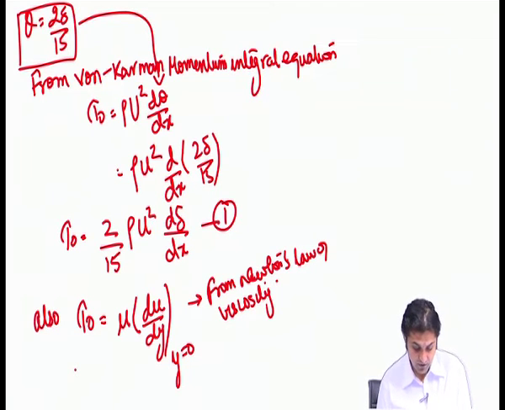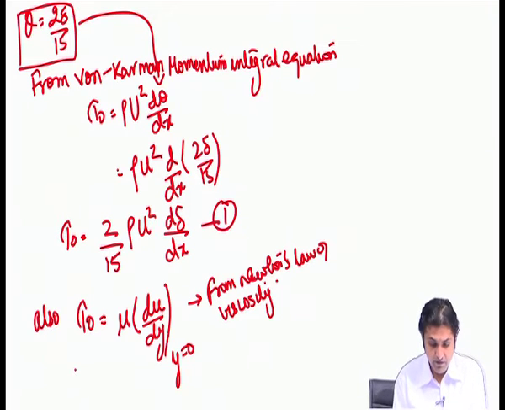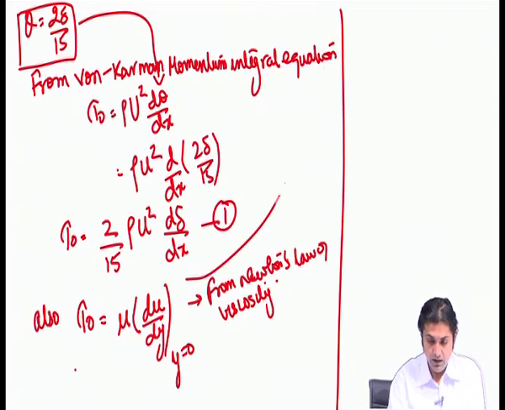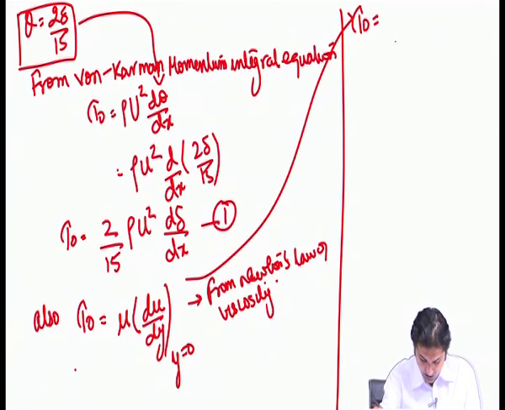So the velocity profile we already know. u by capital U was given in terms of y and delta, so from here tau naught can be written as mu times du by dy.